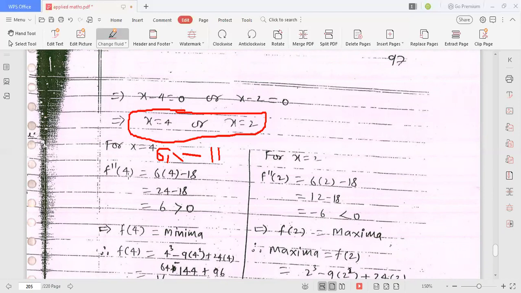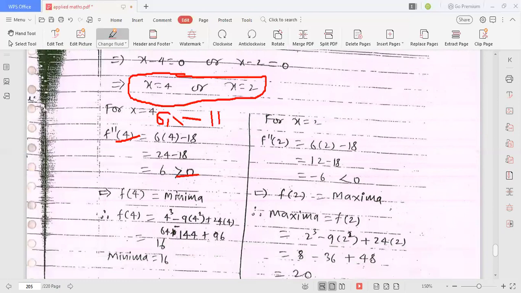If f double dash x is greater than 0, that means f of 4 will be minimum for this function, not maximum.